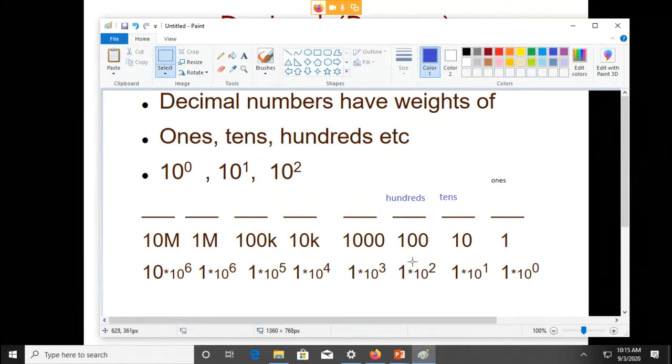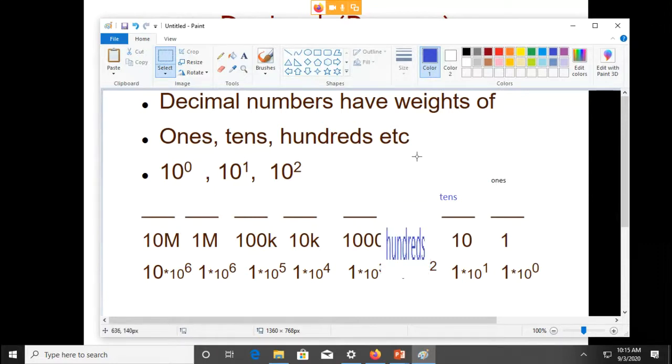Well, if we look, we have 10 to the second power, which is 100. So if we have a digit in this third position, that would be hundreds. And if we have one in the last position, of course, that would be the ones.